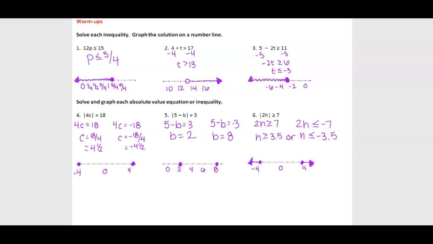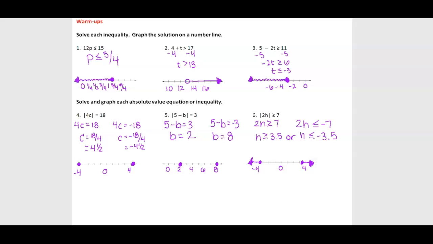Open circle, shade to the right. And then in number 3, you have that t is less than or equal to -3. So once again, closed circle because it's less than or equal to, shade to the left. So we focus a lot on open or closed circles.